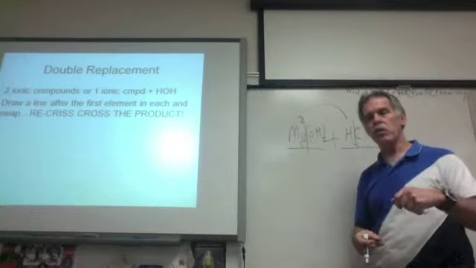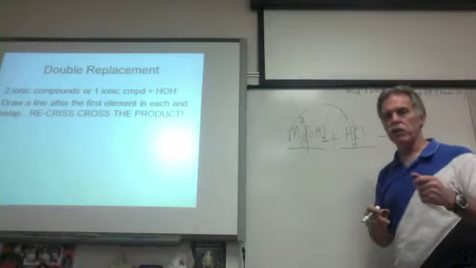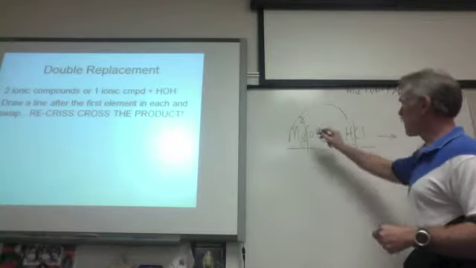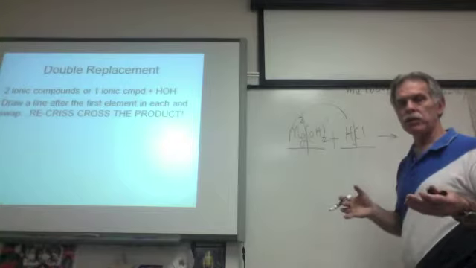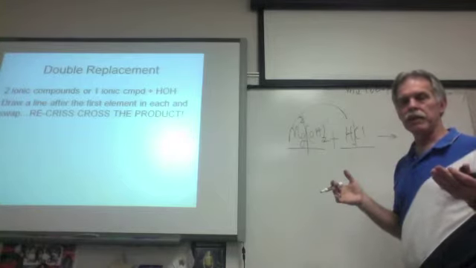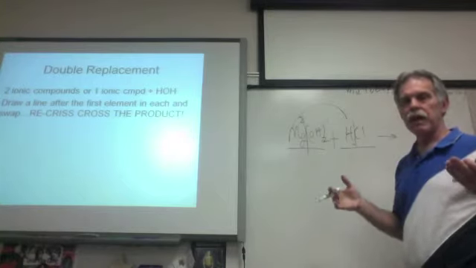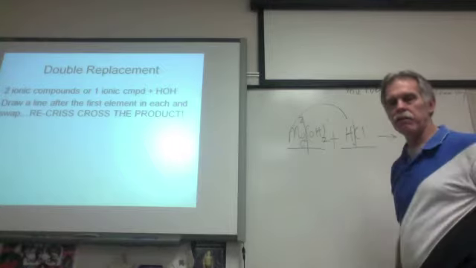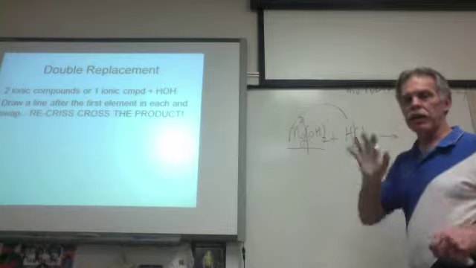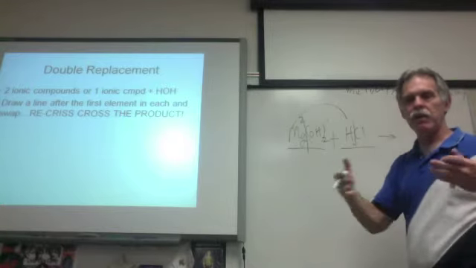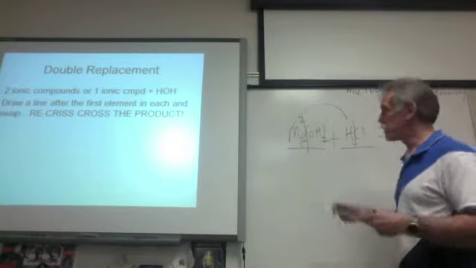Then I'm going to ask you a question about why they occur, and we're going to go over that here in a second. So the Mg and the H just swap places. The first partners, kind of like 2 couples in a dance. They swap the male partners from one couple to the other, and tap them on the back and say, can I switch partners here? And that's what happens.